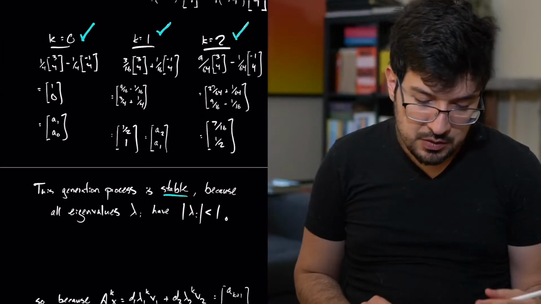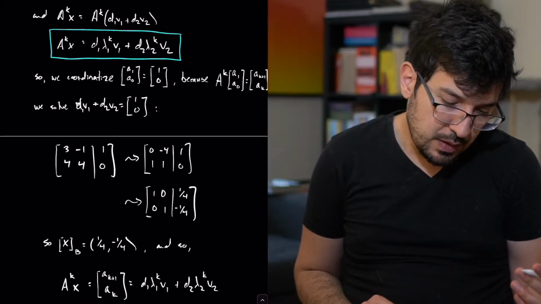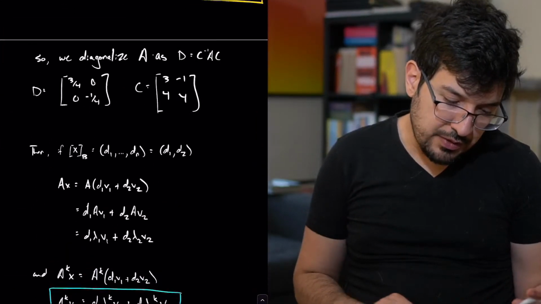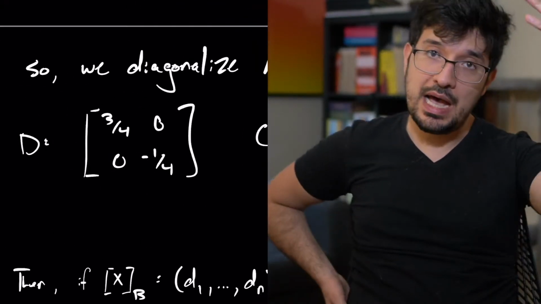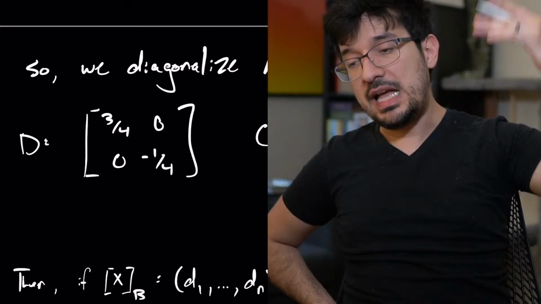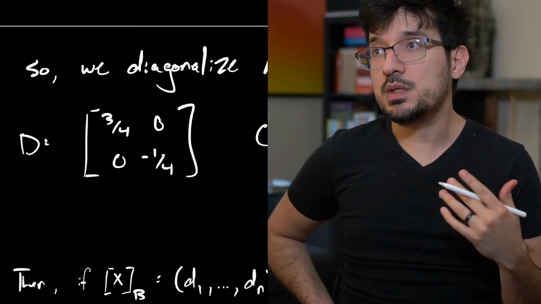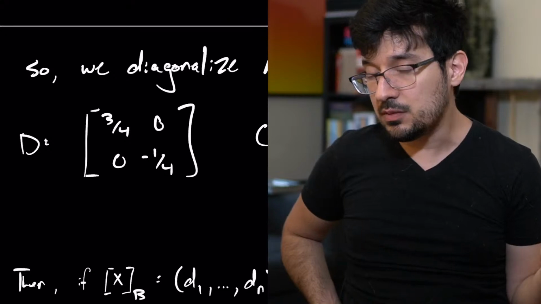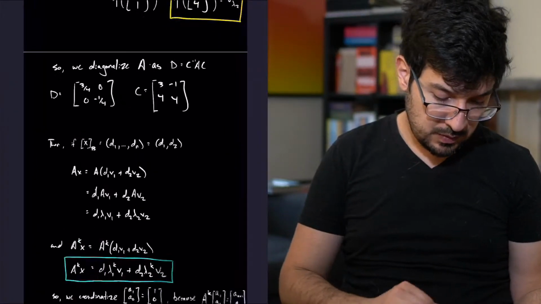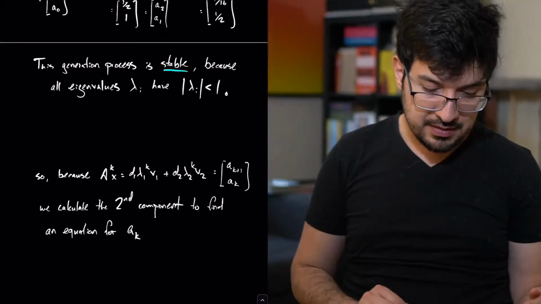Our eigenvalues are 3/4 and negative 1/4. And so either of those raised to a high power tends to 0. Those are going to tend to 0 as k grows large. So the process is stable.